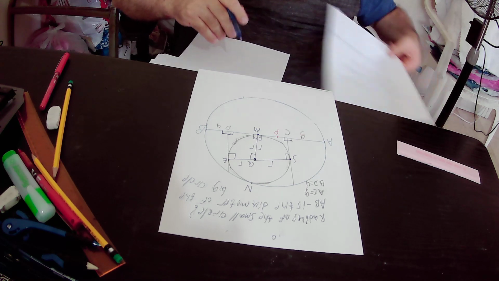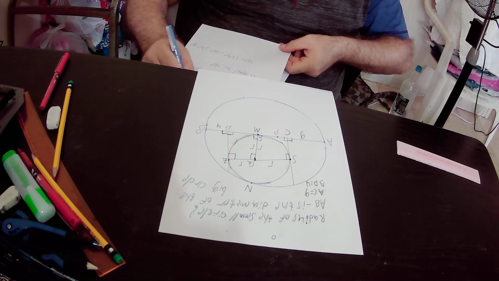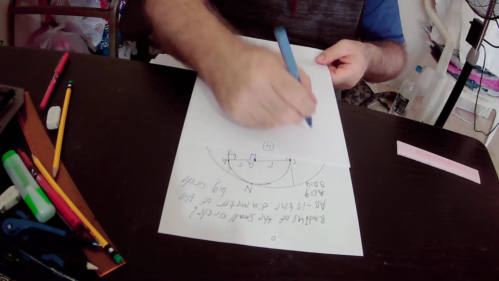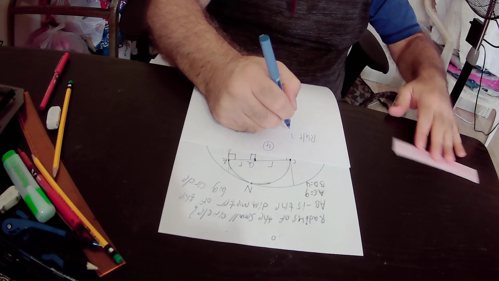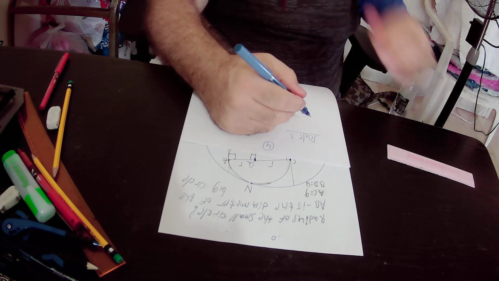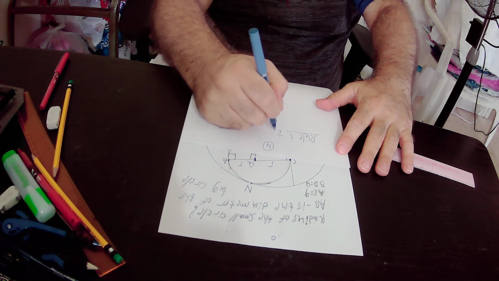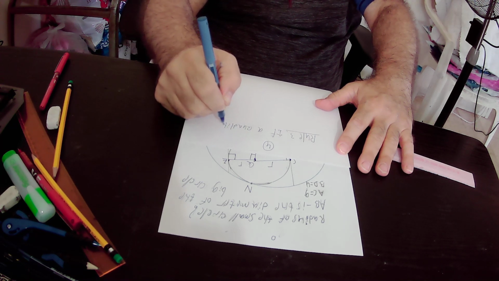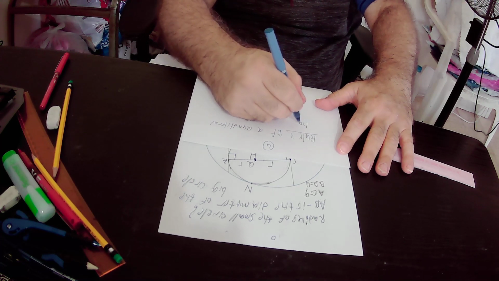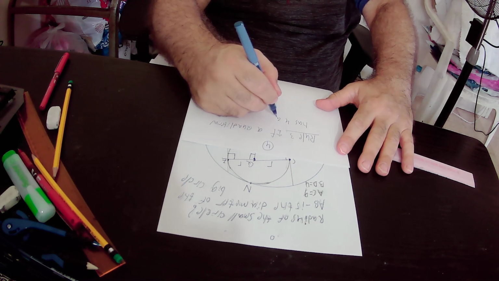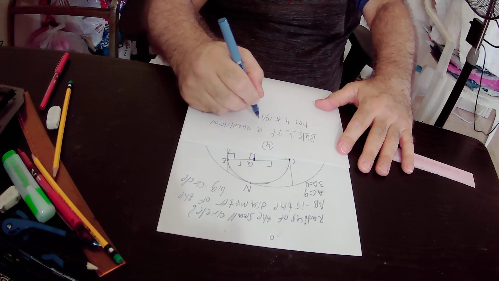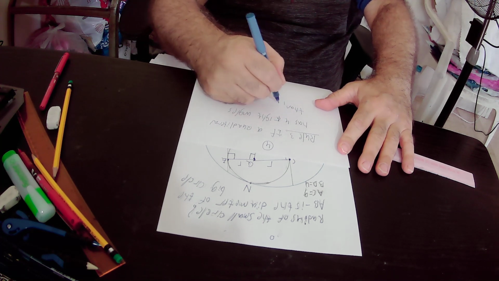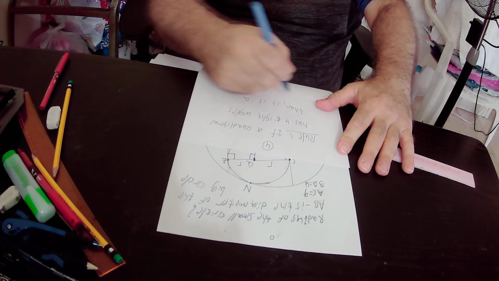Therefore, according to rule number 3, rule number 3 states that if a quadrilateral has 4 right angles, then it is a rectangle.